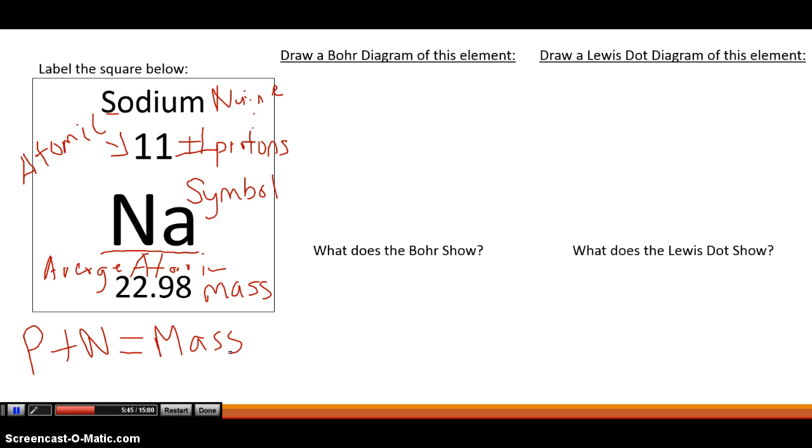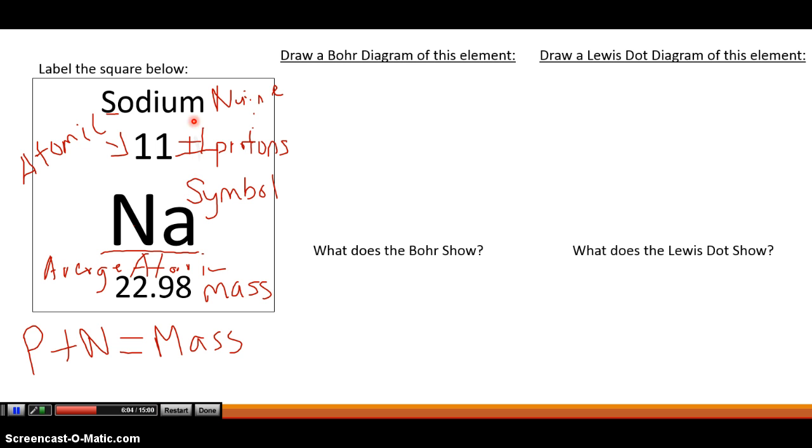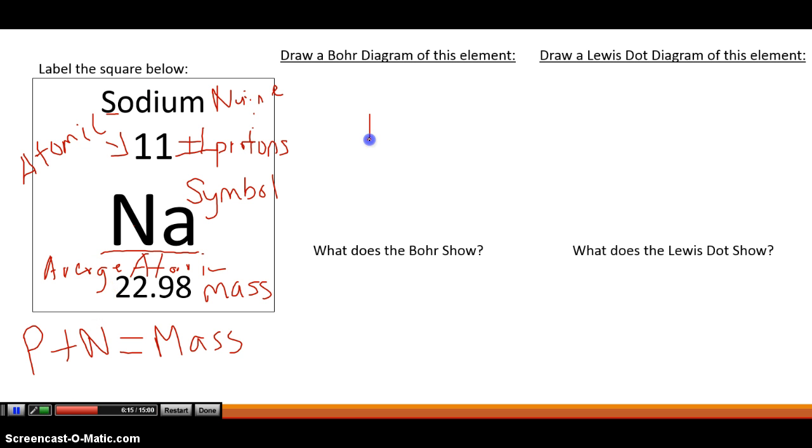Alright, so let's draw this guy. Draw a Bohr diagram of this element. We need to figure out how many protons, neutrons, and electrons the sodium atom has. Remember, the 11 tells you exactly how many protons it has, so you don't need to worry about that. That's the easiest part. So we have 11 protons. In this kind of diagram, you don't need to draw 11 little circles.